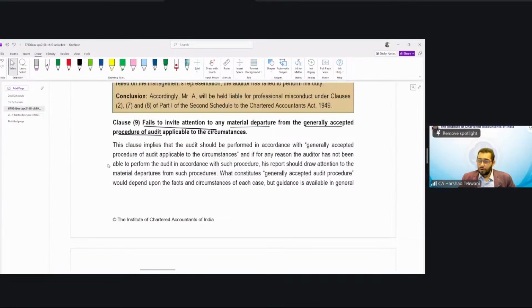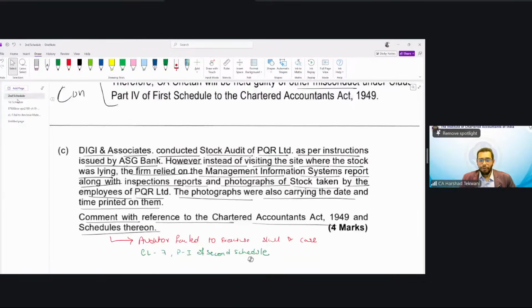So if there is an audit procedure applicable, and you do not perform that applicable audit procedure, if there is a material departure, and if you do not apply that procedure and fail to invite attention to it in your report, in that case, you will be held guilty. Now, in the given question, do we have any information about the report, whether it was reported in the audit report that he has relied upon the management or not?